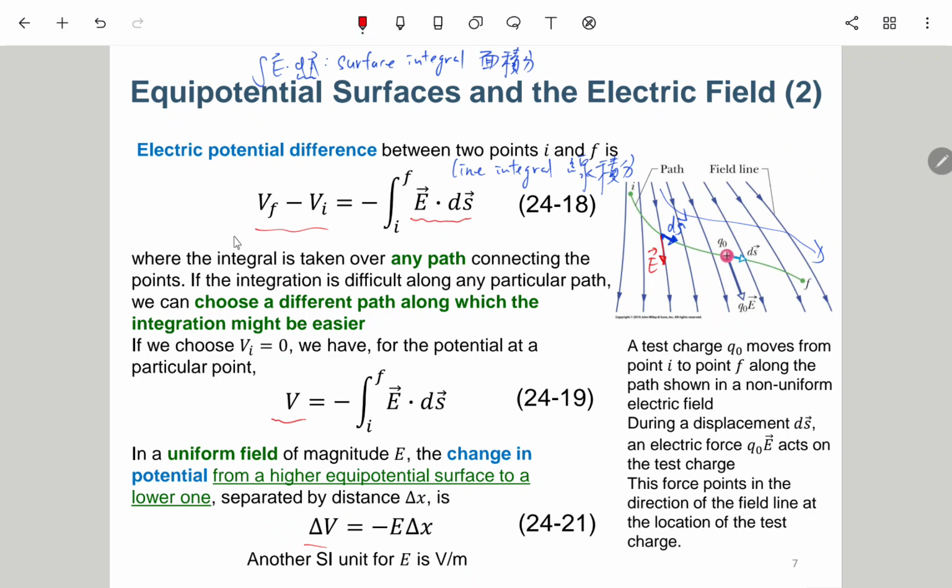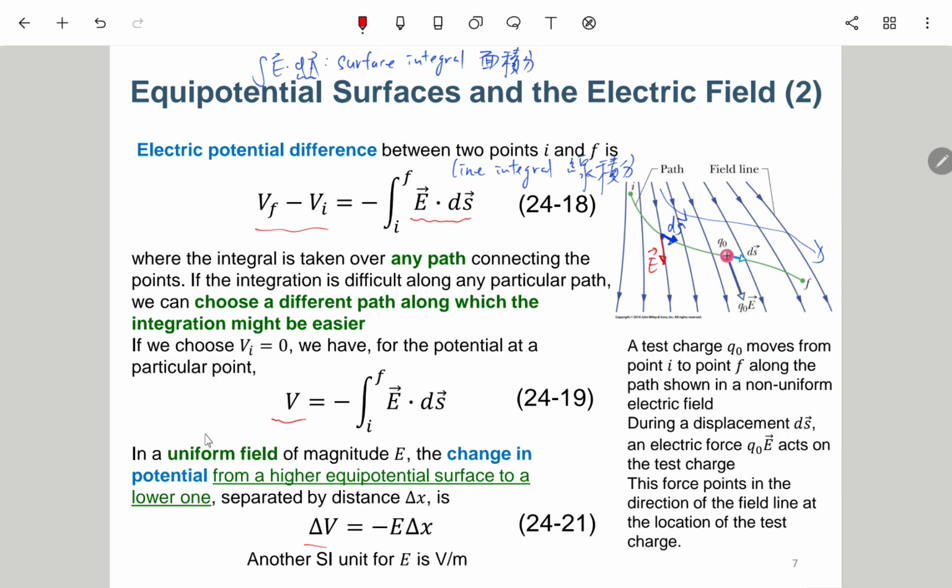And then simply speaking, we can choose Vi equals 0, or just consider the difference to be the V, and then in such a way we have V equals negative this same line integral.